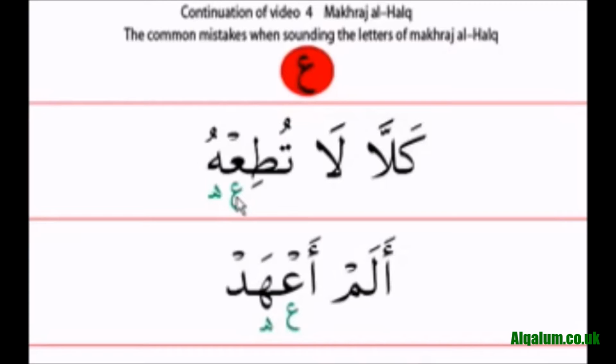Aqsa al-halq means the farthest distance from the mouth, and that is for hamza and ha that we have seen in presentation number 3, which is in video number 3. But now we are in the ayn, and the ayn is in the middle part of the throat, which is not in the same point of articulation as ha.